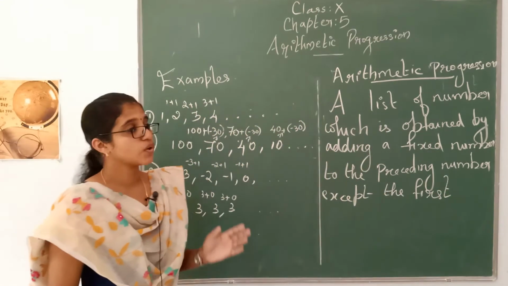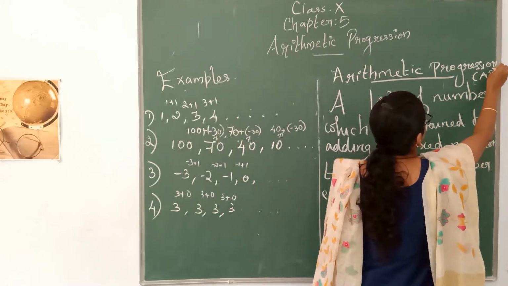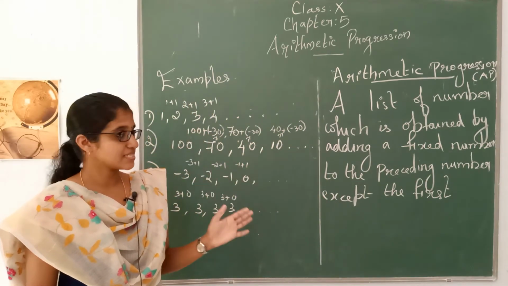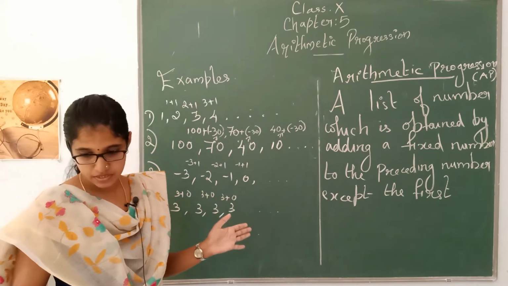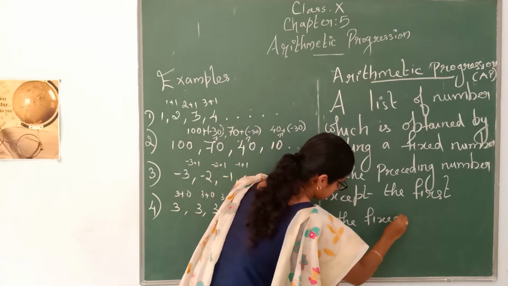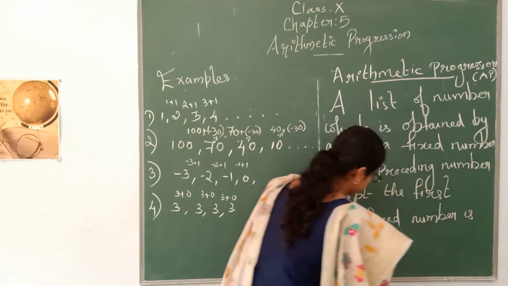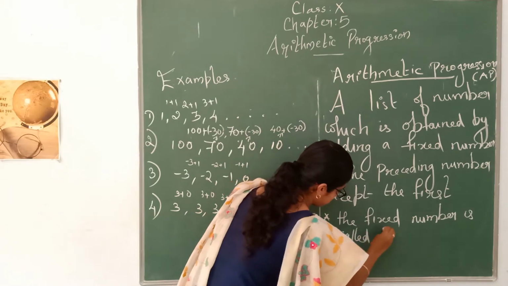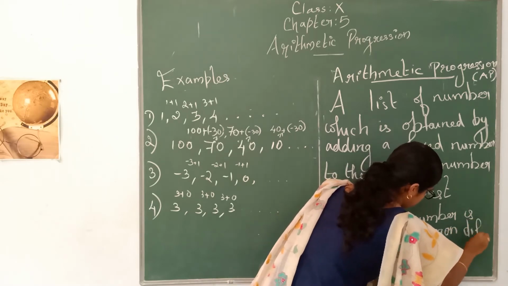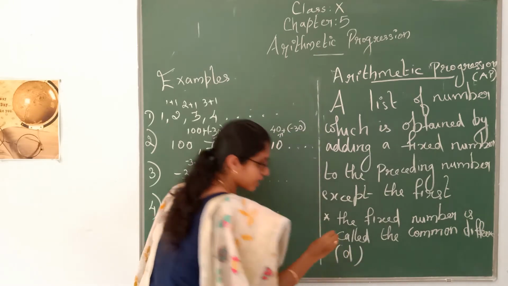And arithmetic progression we call AP. Here we call the fixed number the common difference, and we denote it as d.